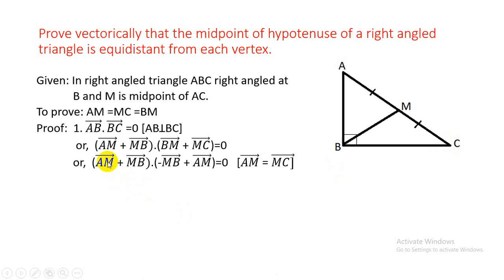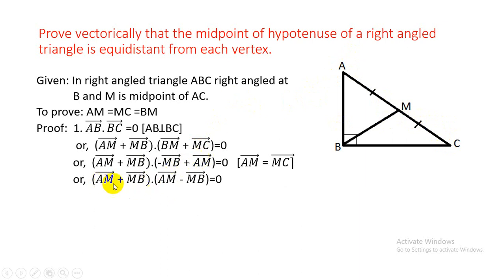Now AM remains the same, plus MB remains the same. BM is changed into minus MB, and MC is changed into AM, because MC and AM have the same direction and their magnitudes are also equal.